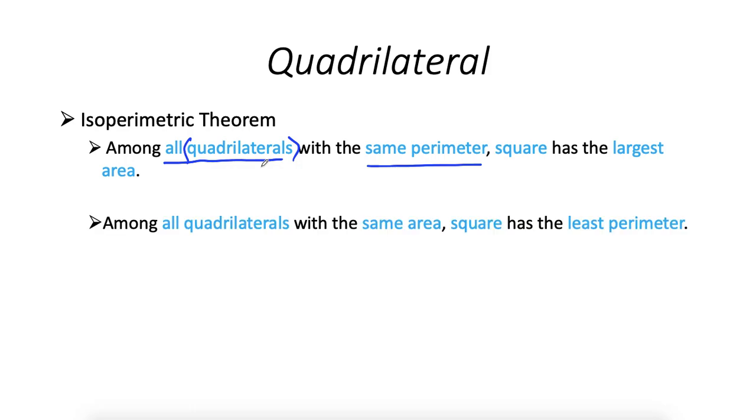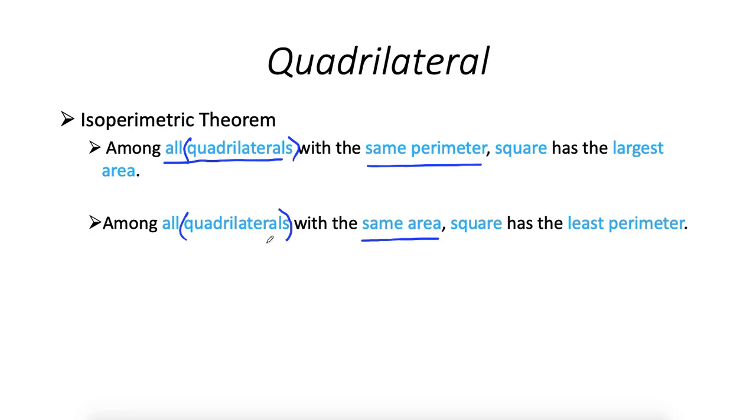And the inverse is also true, that among all quadrilaterals, if the area is the same, the least perimeter will be that of the square. So in the first scenario, as we are dealing with quadrilaterals and the perimeter is the same, the maximum area is of the square.